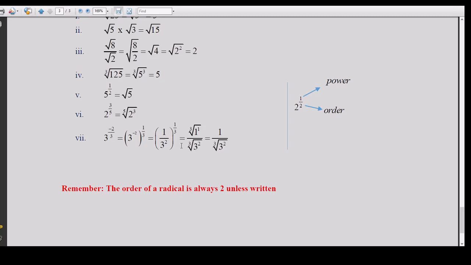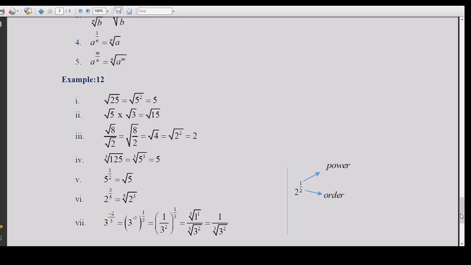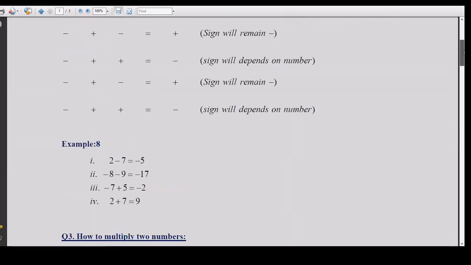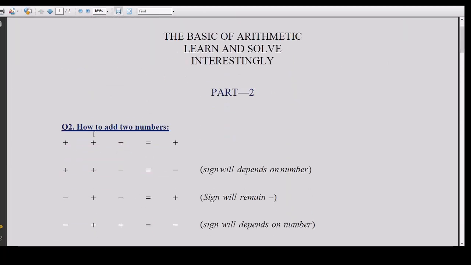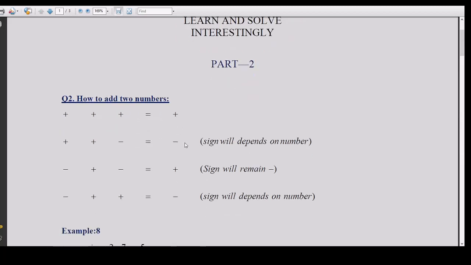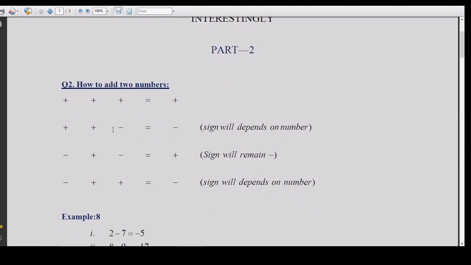You may utilize any of these properties, any of these laws, the law of radicals, the law of exponents, and the discussion that we had at the very beginning, on how to add and how to subtract two numbers. This is very important. You should go thoroughly on this so that there will be no mistake on adding or multiplying any two numbers. Clear?